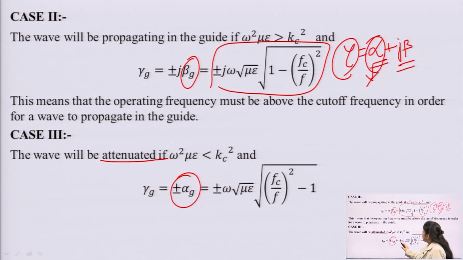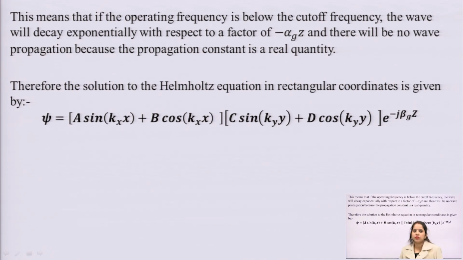That is why it is plus or minus omega square root of mu epsilon times the square root of (fc upon f) whole squared minus 1. So, when we talk about our propagation constant, three conditions come: cutoff, wave propagation condition and the attenuation condition.